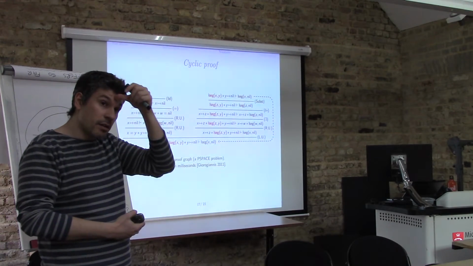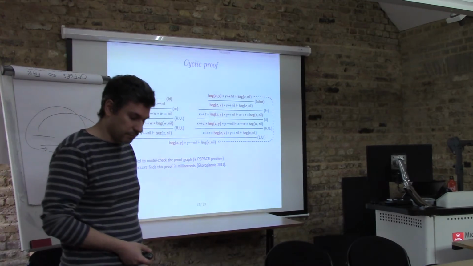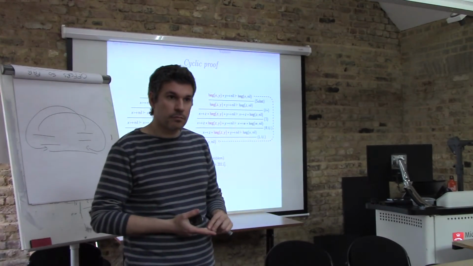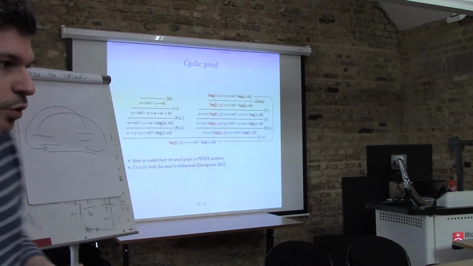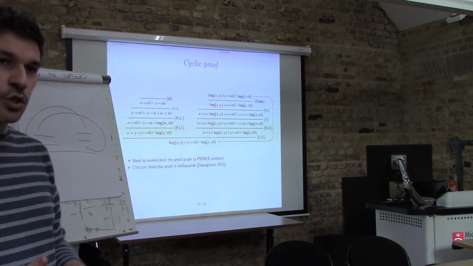Just out of curiosity, did you try this fancy A-star algorithm? It's basically a graph search. A-star would work if you could assign costs to everything.